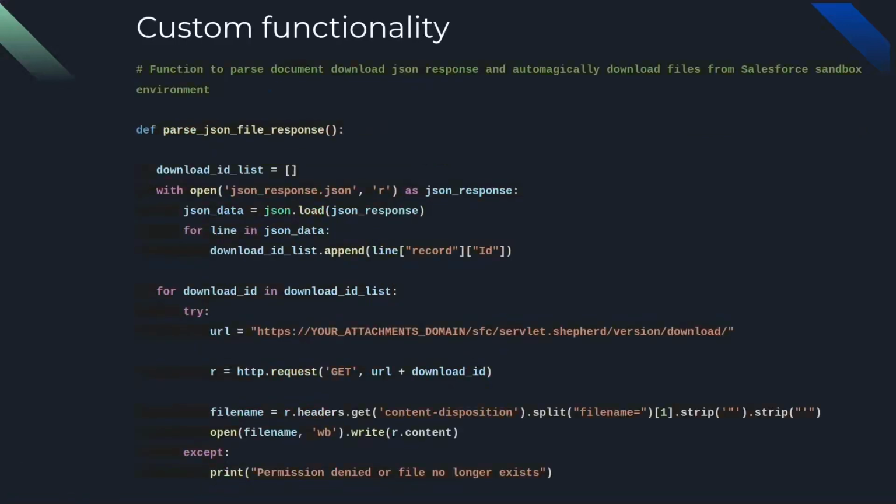Custom functionality. One of the many things Python is good at is prototyping functionalities pretty quickly. I noticed that sometimes attachments could be downloaded as a guest user, like public attachments, but I wanted a way to enumerate all available public attachments by the unique ID that was generated.